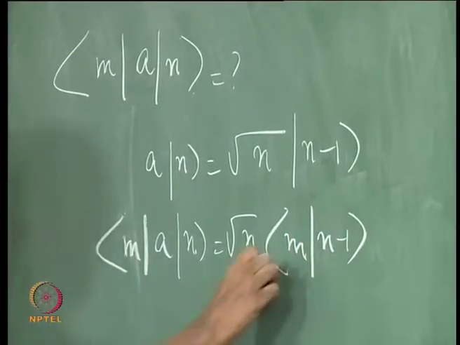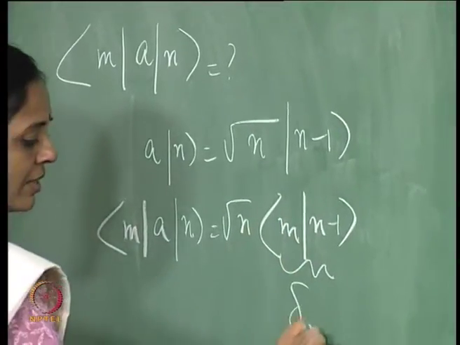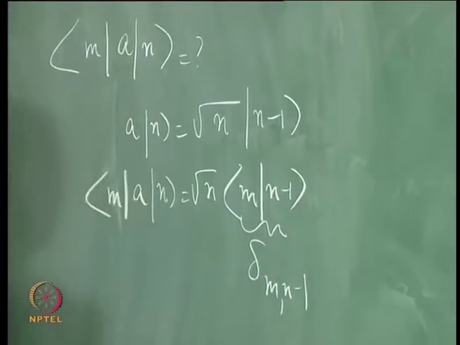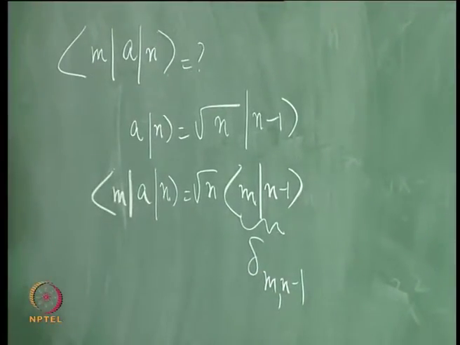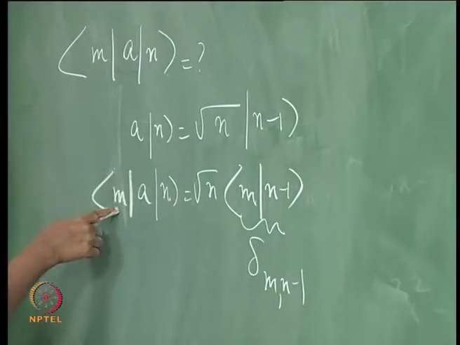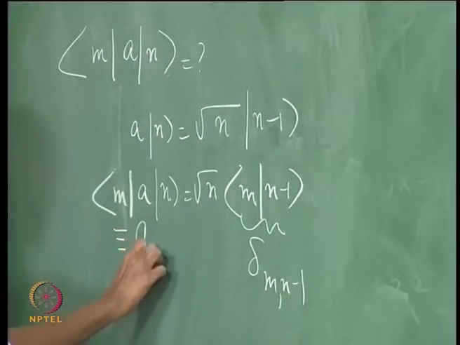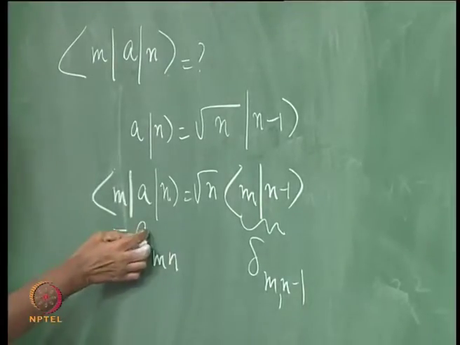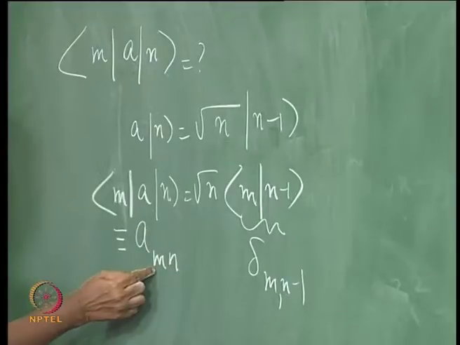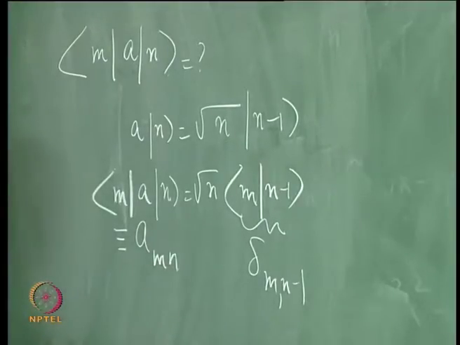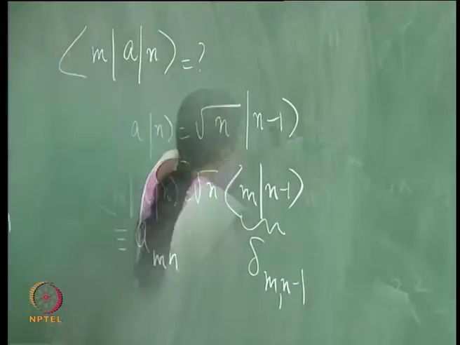This is just delta m, n minus 1. So it fires when m is equal to n minus 1 and is 0 otherwise. So this would be simply replaced by the shorthand notation A_mn. Take the matrix A, this is the mth row and that is the nth column. So this is the mnth matrix element of the matrix A.